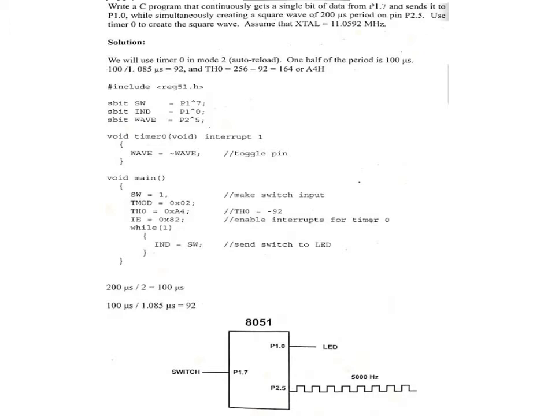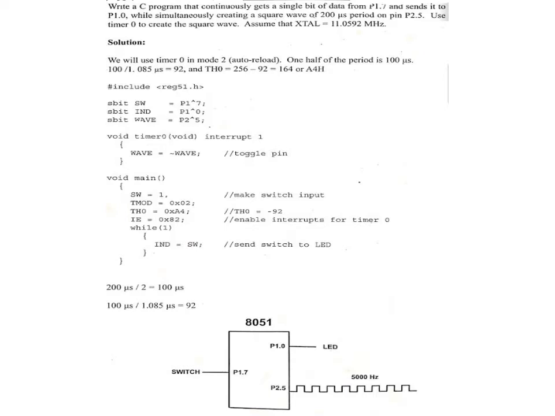Just go through the slides of the previous class. Same program we have written using assembly level language. Now an attempt will be made to write a program using C language. So as the oscillator frequency is 11.059 MHz, the delay offered by the timer will be 1.085 microseconds.